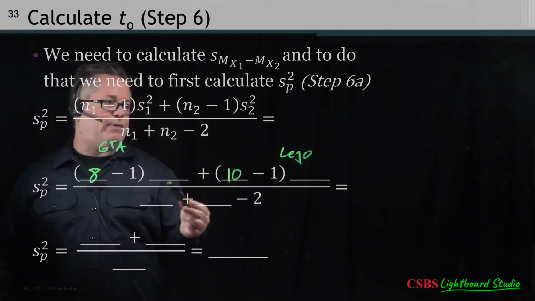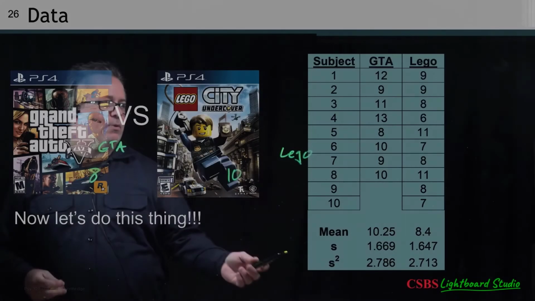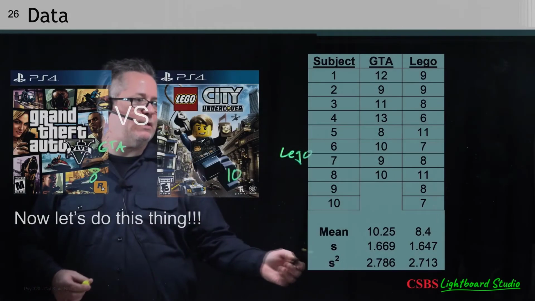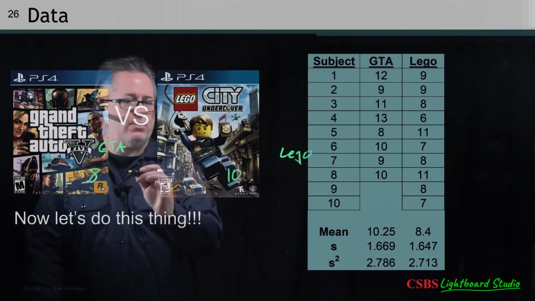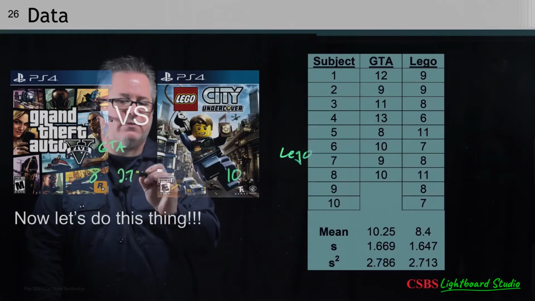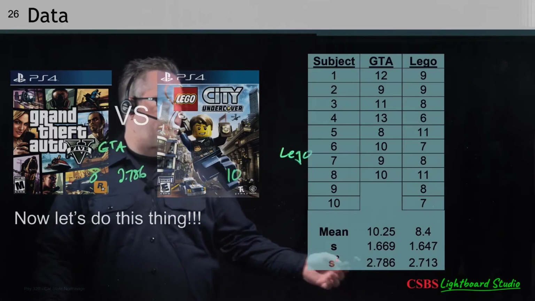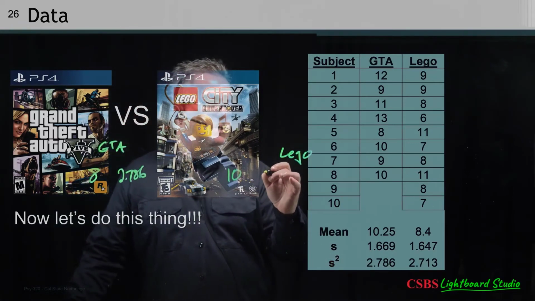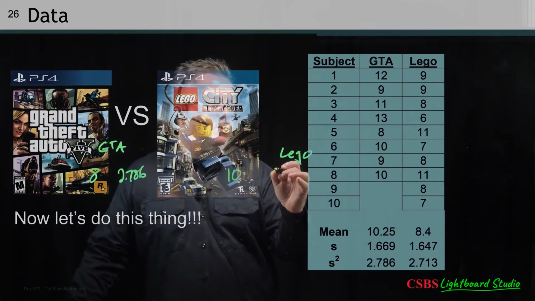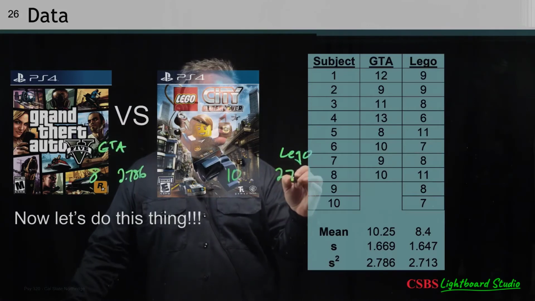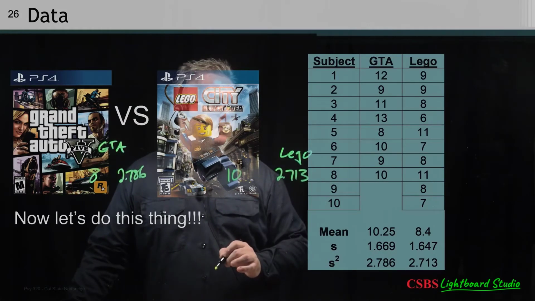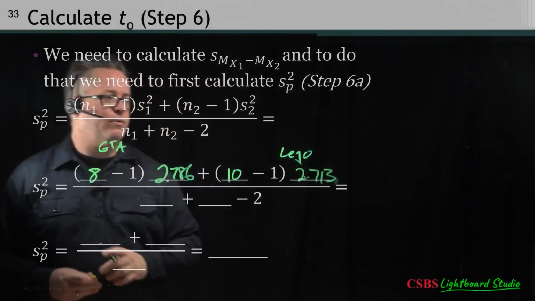But what I need are the variances. So I got to go back a second. So the variance 2.786, I'm going to guess it's somewhere close to here. 2.786. And the variance for the other one's 2.713. So I'm assuming that's probably here somewhere, 10 minus 1, maybe 2.713 is the variance for the Lego group. And those are my two variances.